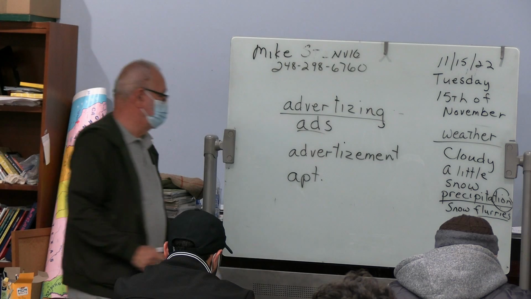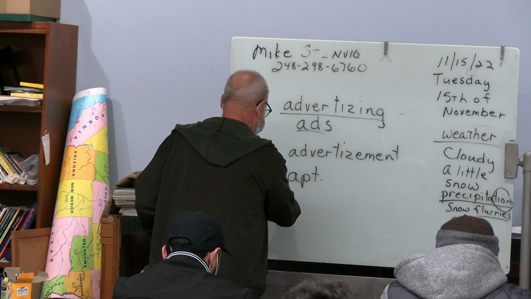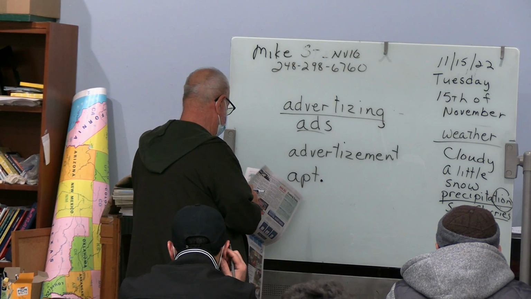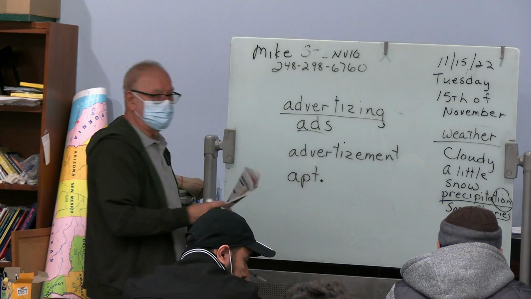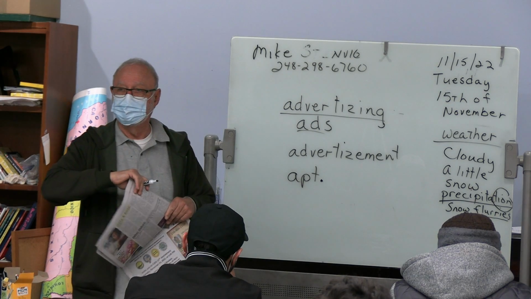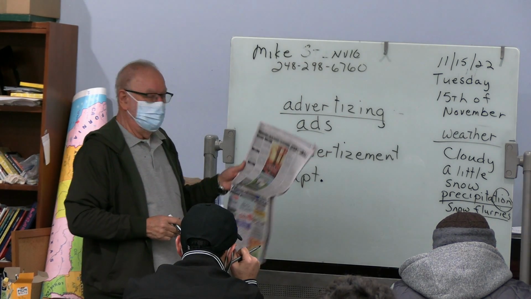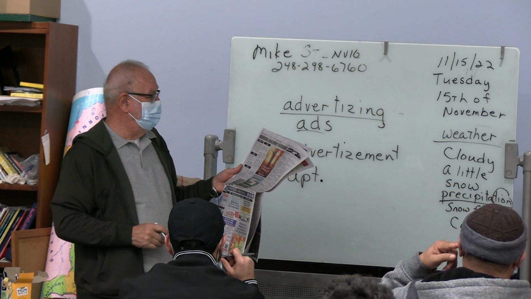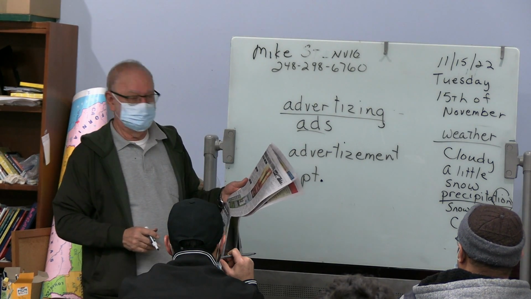Apartment. I hope I can make another list of these. Some of this is going to be on that quiz, progress test on Monday. On the back of the paper, back sheet, it says here, classifieds.